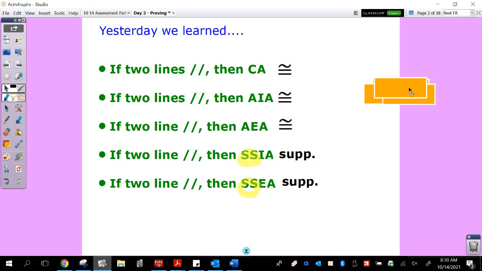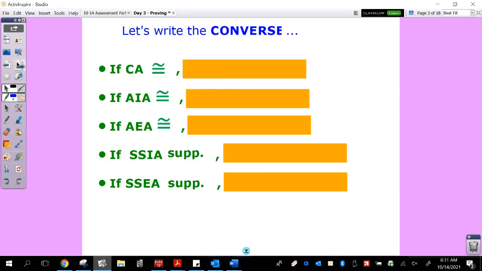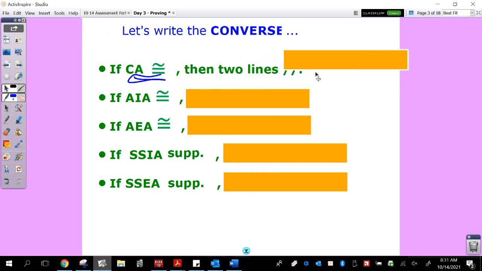Okay? So, listen. Today we are going to do the converse. What does converse mean? Switch. So instead of if two lines are parallel, today I'm going to say, hey, CA is congruent, then two lines are parallel.